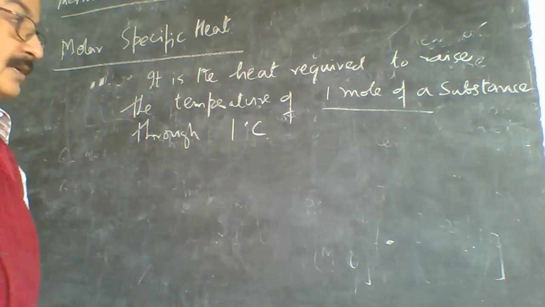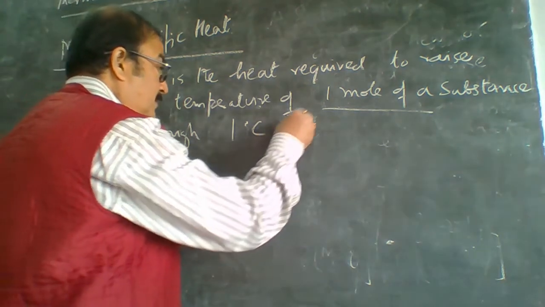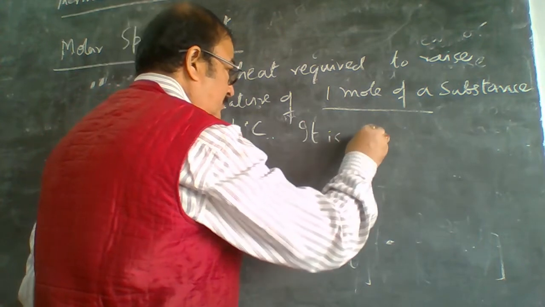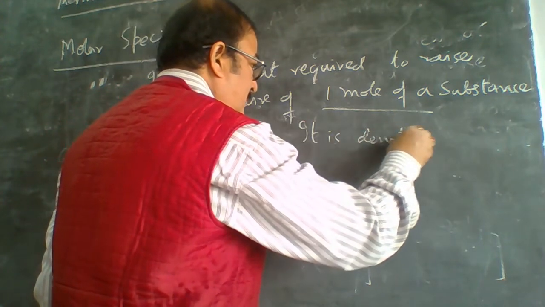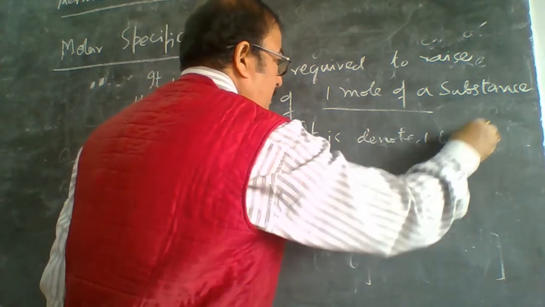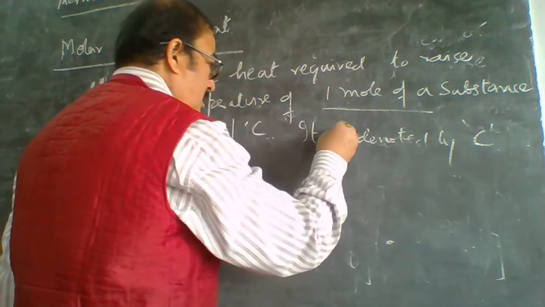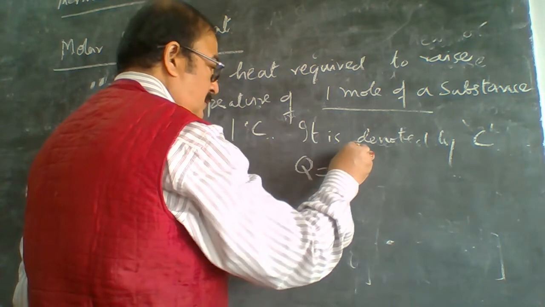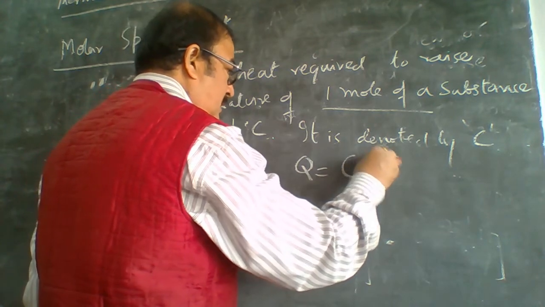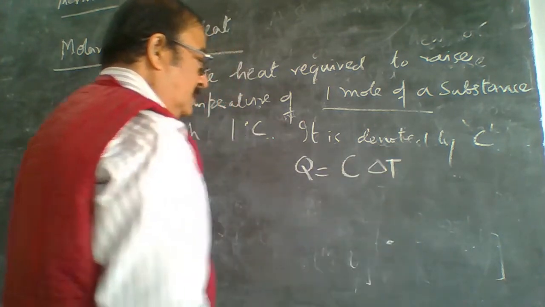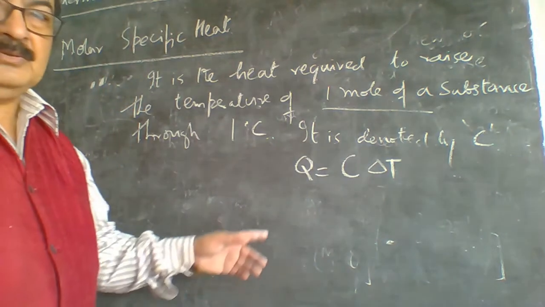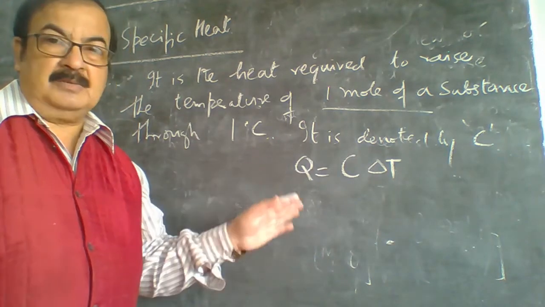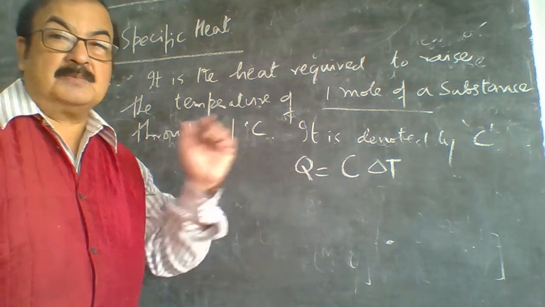It is denoted by capital C, and we write Q equal to capital C delta T, where Q is the heat given or heat taken, what we call heat transaction. This is your molar specific heat.